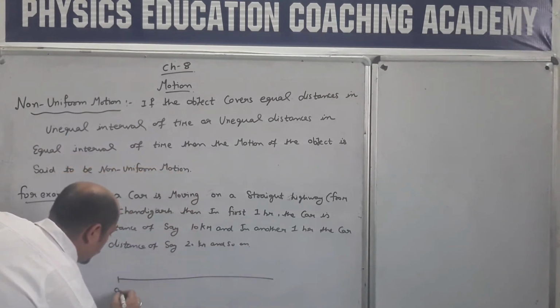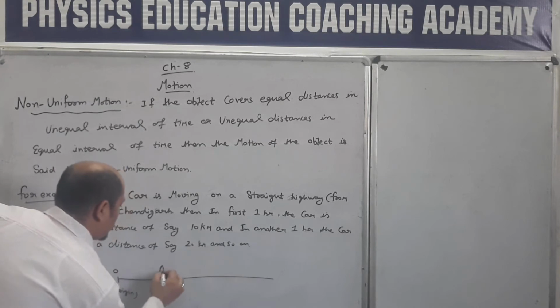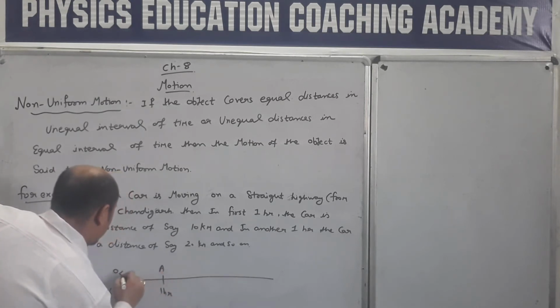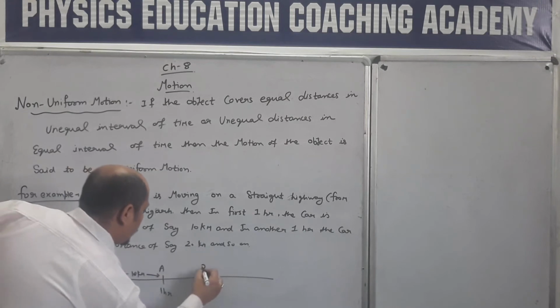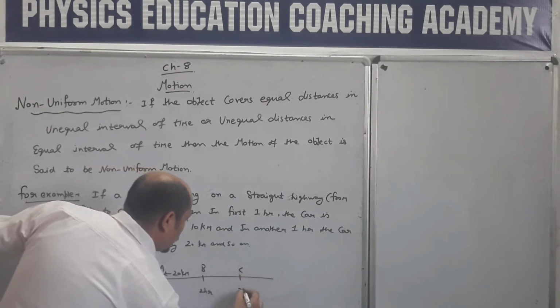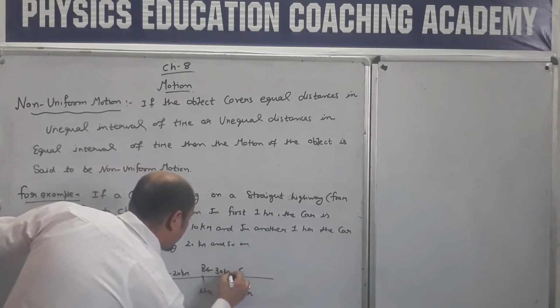This is the origin, say O, and this is the point, say A, and the time is say 1 hour. The distance is say 10 kilometer. Then this is the point B, time is 2 hour, the distance is say 20 kilometer. Then this is C, time is 3 hour, and the distance is say 30 kilometer.